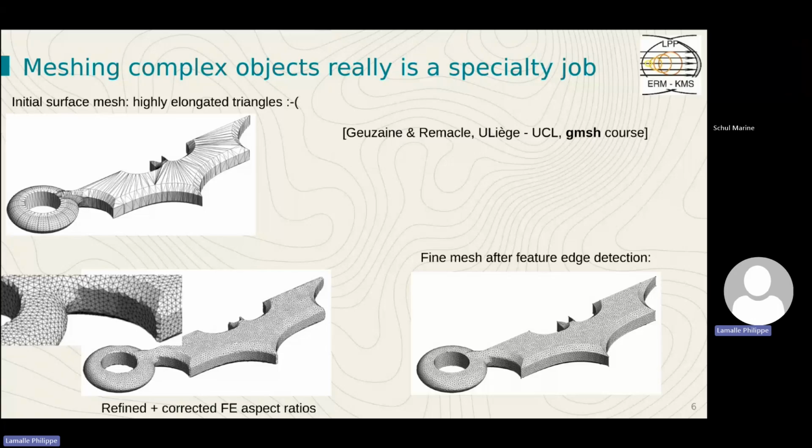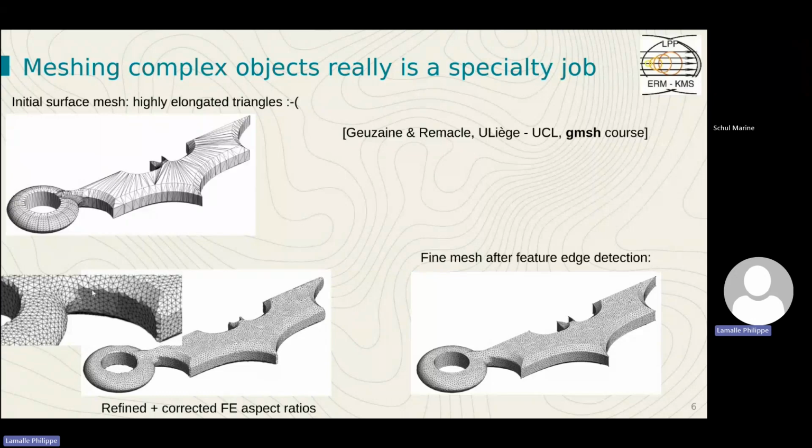So these meshing programs are able to improve the mesh by various automatic strategies, and come to the lower left picture, where you see that the elements have an aspect ratio which is nearly 1, so it's almost equilateral triangles everywhere.